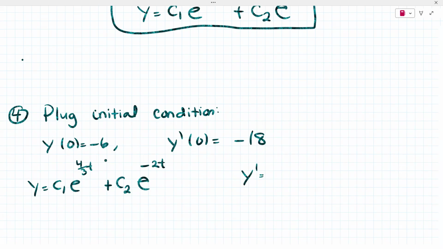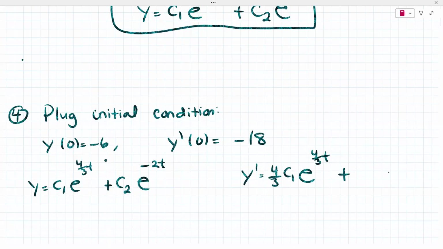So what's the derivative of this C1 e raised to the 4/3 t? Well, it's just e to the 4/3 t. Take the derivative of the power. What's the derivative of 4/3 t? 4/3. And then you still have that C1 because C1 is a constant, right? Plus, do the same thing here.